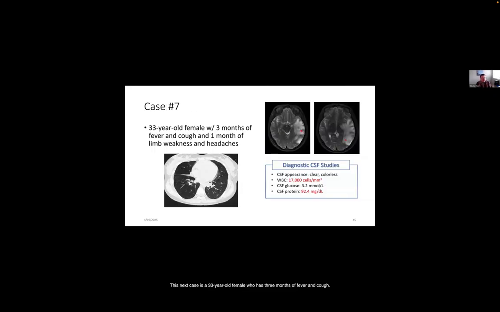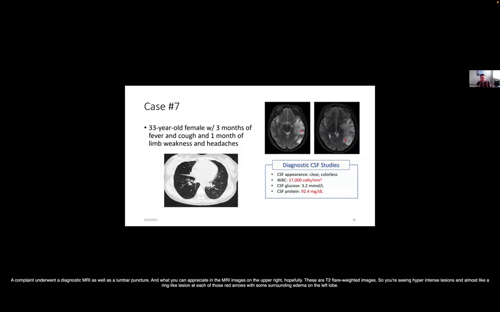This next case is a 33-year-old female who has 3 months of fever and cough that's really not improved, and 1 month of limb weakness and new onset of headaches. She had a CT chest that showed a few pulmonary nodules, and because of her CNS complaints, underwent a diagnostic MRI as well as a lumbar puncture.